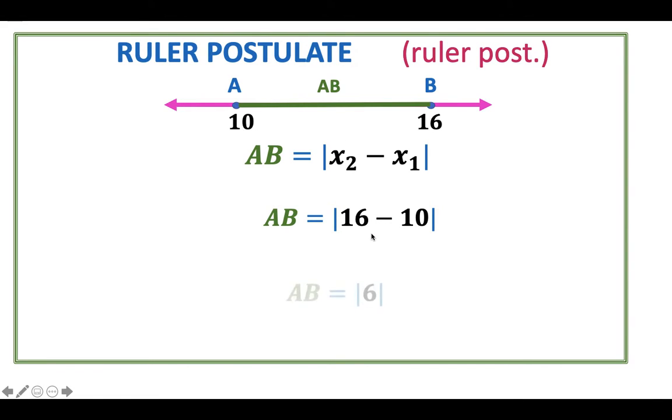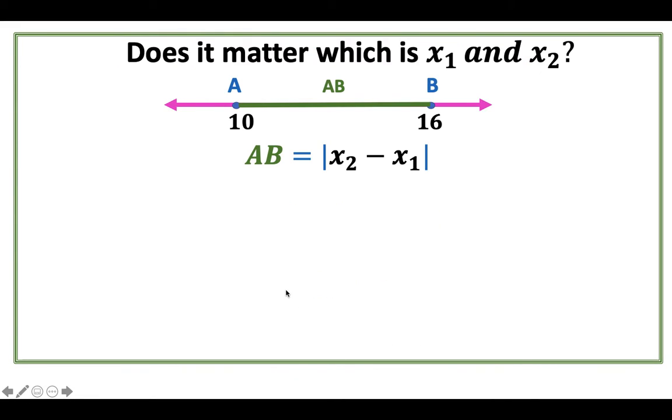What's 16 minus 10? That's 6. What's the absolute value of 6? It's still a positive 6. Now, if we had done 10 minus 16, that would have been a negative 6, but the absolute value of negative 6 is still a positive 6. So the distance in one dimension for AB is just 6.